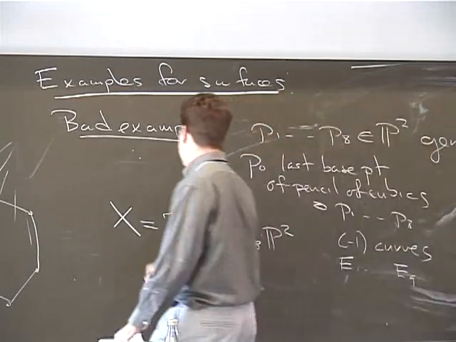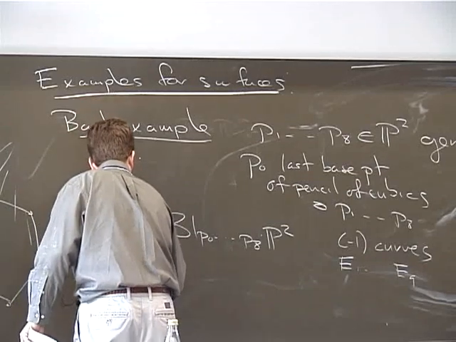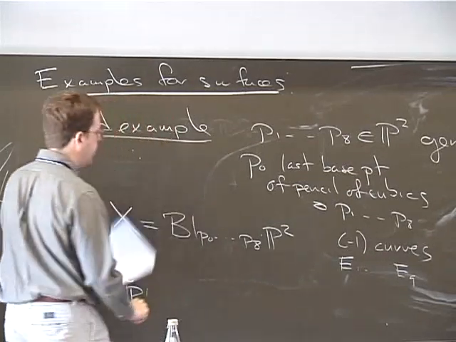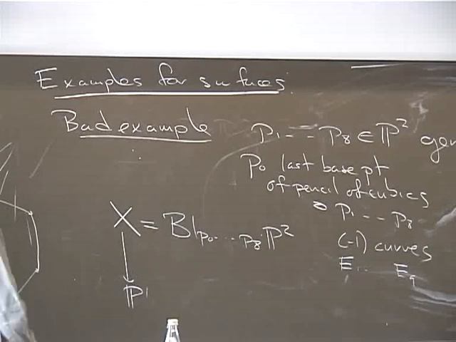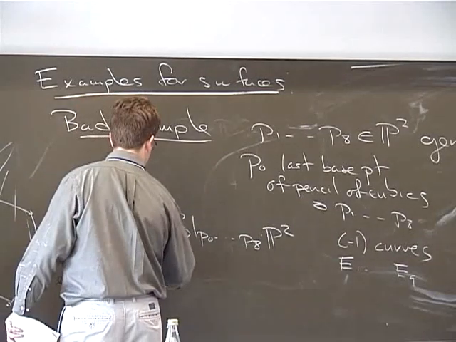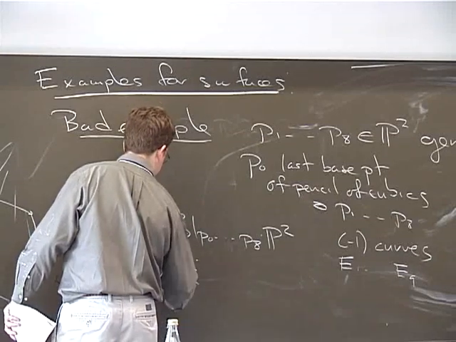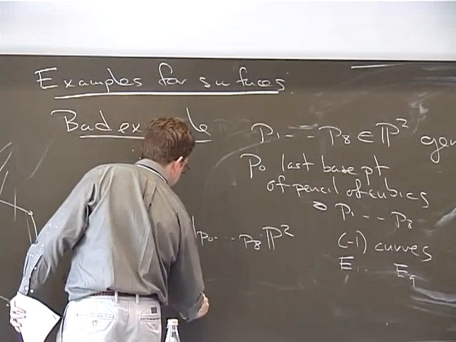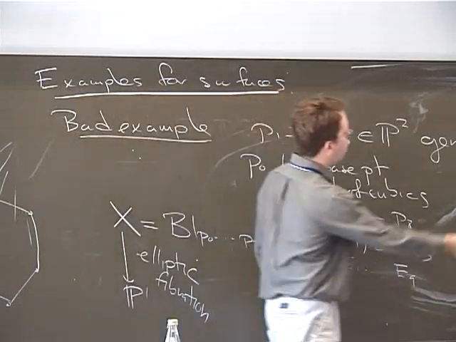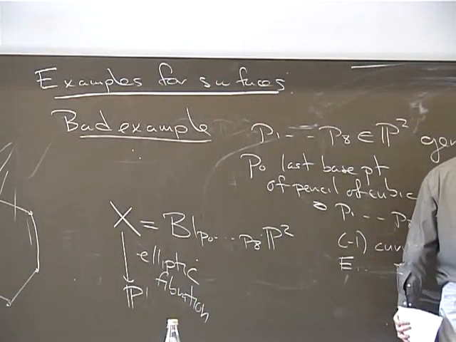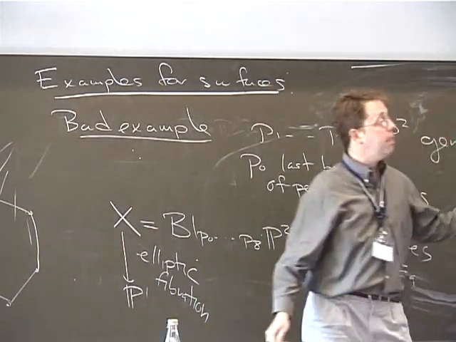But we also have a P1 elliptic fibration over P1 that comes from my pencil of cubic curves. This is just associating to each point in the blow-up the elliptic curve that passes through that point.